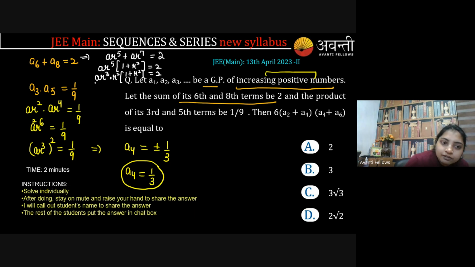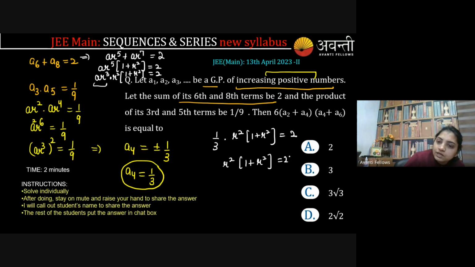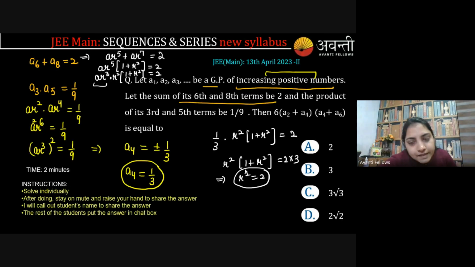So A r cube value is 1 upon 3, so 1 upon 3 into r square into 1 plus r square is equals to 2. It means r square into 1 plus r square must be equals to 2 into 3. So quite clear, r square must be equals to 2, right or not? Any doubt? Any confusion, anyone?